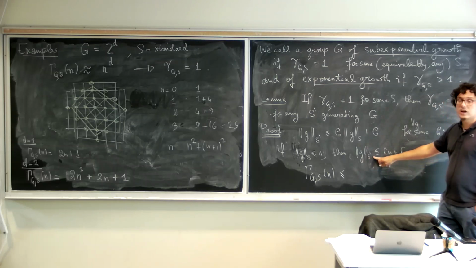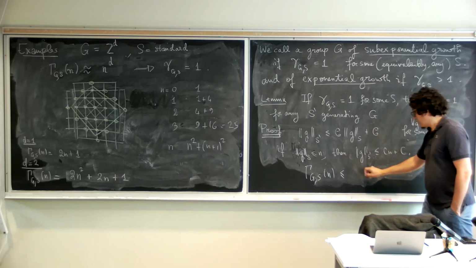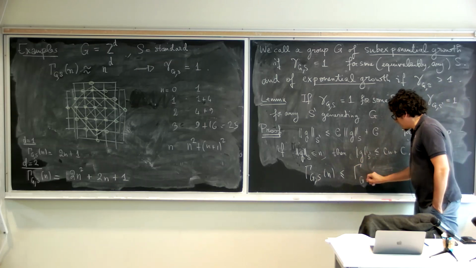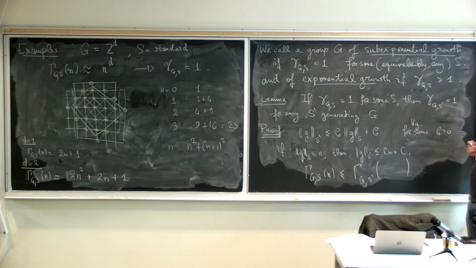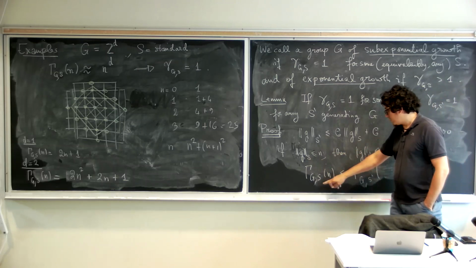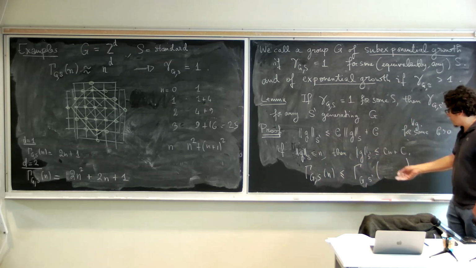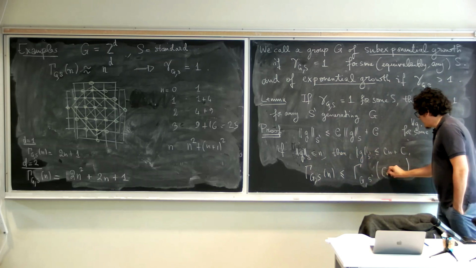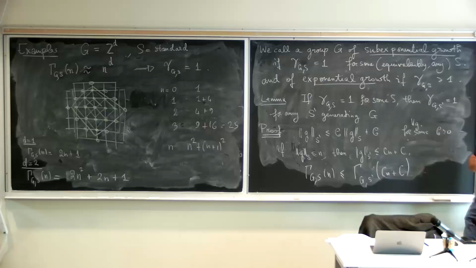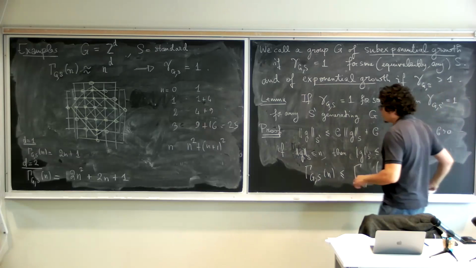The growth rate with respect to S prime: an element of norm at most n with respect to S has norm at most Cn plus C with respect to this one. So then you get Cn plus C. So what happens if we take the nth root?